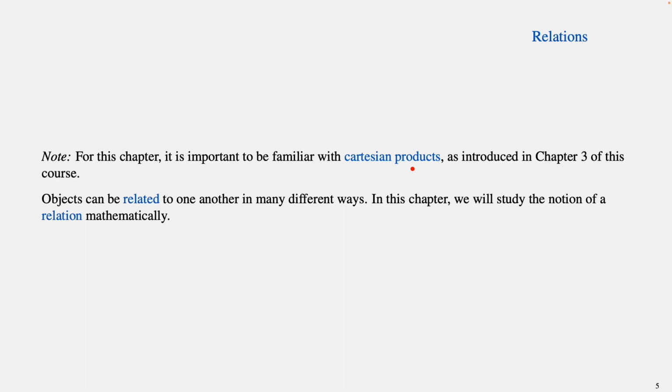And we all know what relations are, and there are many different kinds of them, and we will now explore a few examples to ease into the mathematical definition of relations.